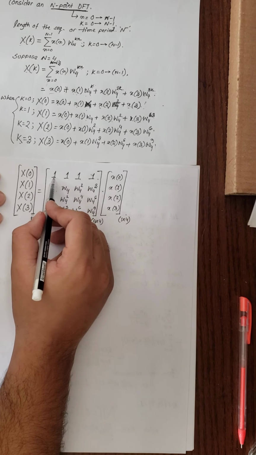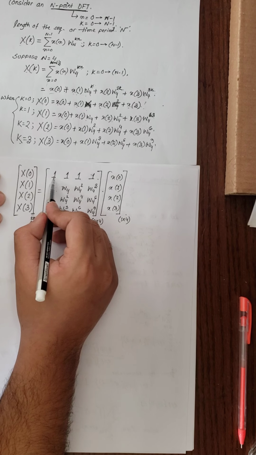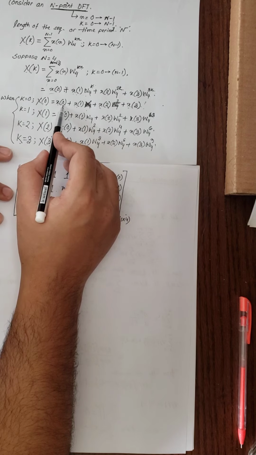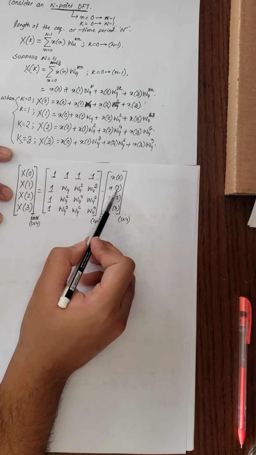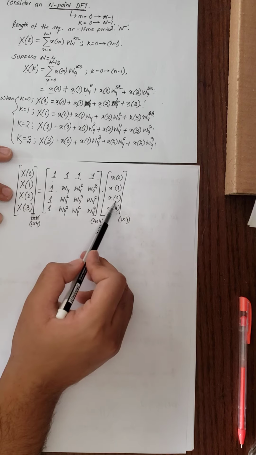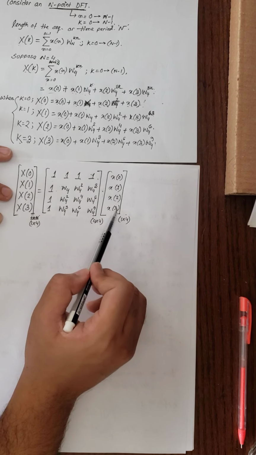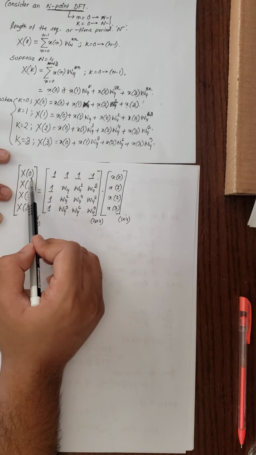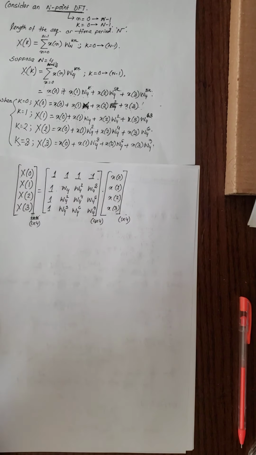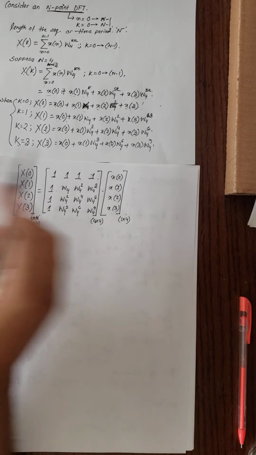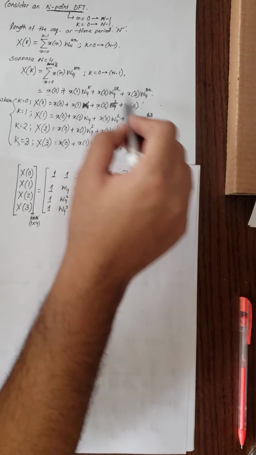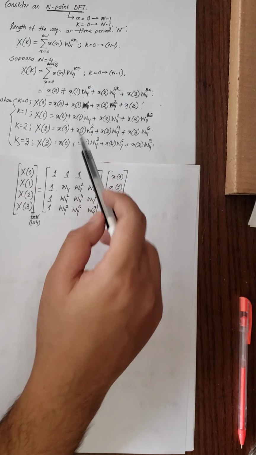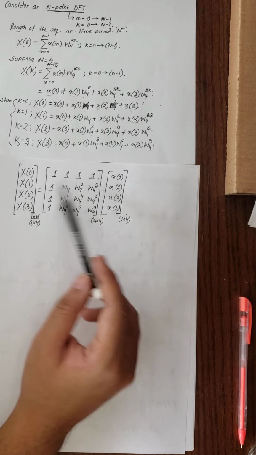So multiplying this one, x0 times 1 becomes x0, plus 1 times x1 becomes x1, 1 times x2 becomes x2, and 1 times x of 3 becomes x of 3, which is equal to the first element of the vector in the left hand side. So these rather squiggly equations will be much easier when written in this matrix form.